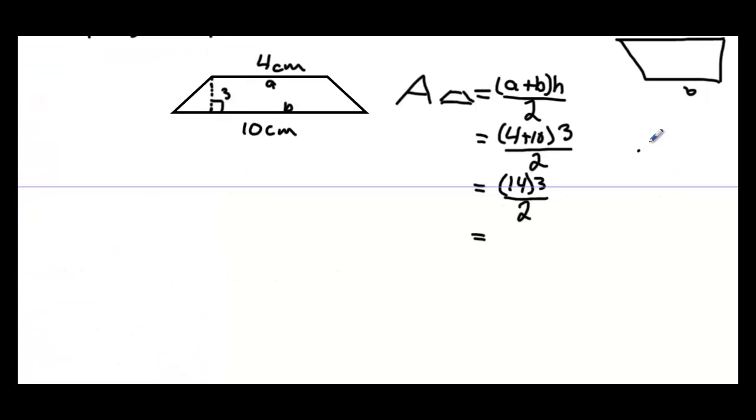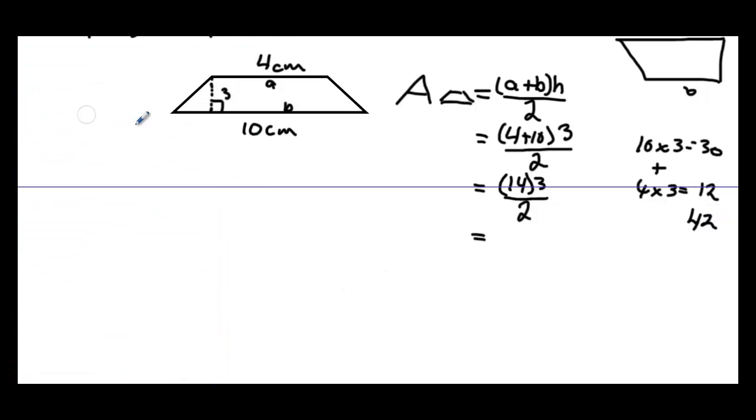So if I do 10 times 3 plus 4 times 3 becomes 30 plus 12, which gives me 42. Now you could do that on a calculator as well.